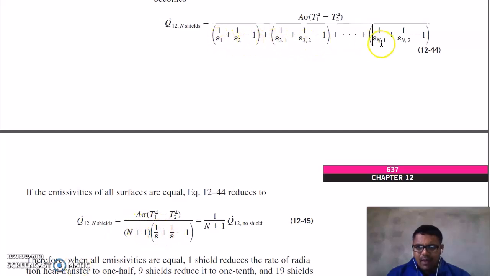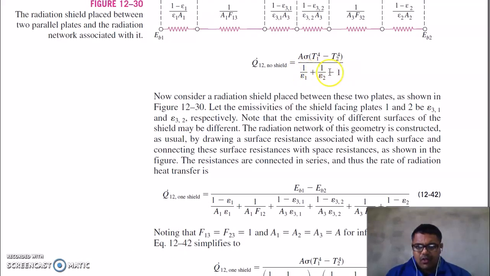So when emissivities become equal, you will get this N plus 1 into this. These are the number of shields. This is already in the term. You can see this is without any shield and these are with shields. So this will become N plus 1 into this. This will become the resistance.